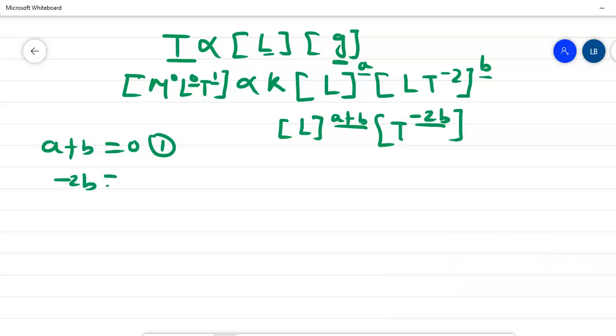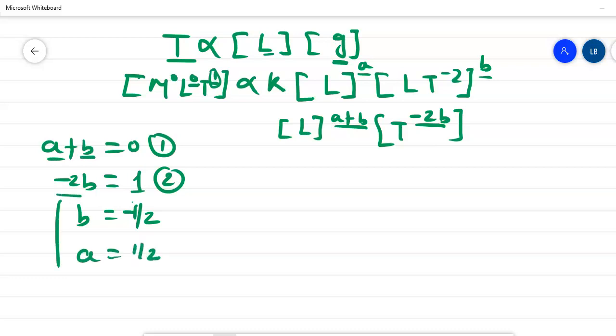So minus 2B equal to 1, it is equation number 2. So if minus 2B equal to 1, B equal to minus half. If B equal to minus half, then A plus B equal to 0 gives A equal to plus half. So I got very easily the values of A and B.